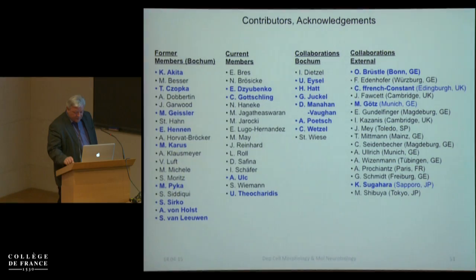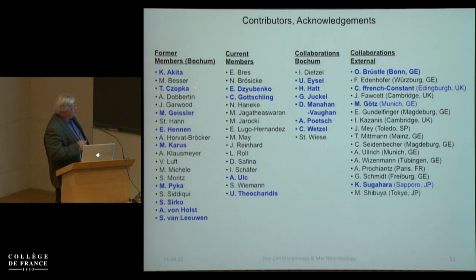So finally, I come to the acknowledgements, and I would like to acknowledge Martin Picker and Marin Geisler for the work on the synapses. This is now continued by Jo Benko and Christine Gottschling. Svetlana Zirko, Alexander von Holst started the work and did the work on the chondroitin sulfates in the stem cell compartment, and there Kazuyuki Sugahara was also very important, as well as Charles French Constant and Magdalena Götz.